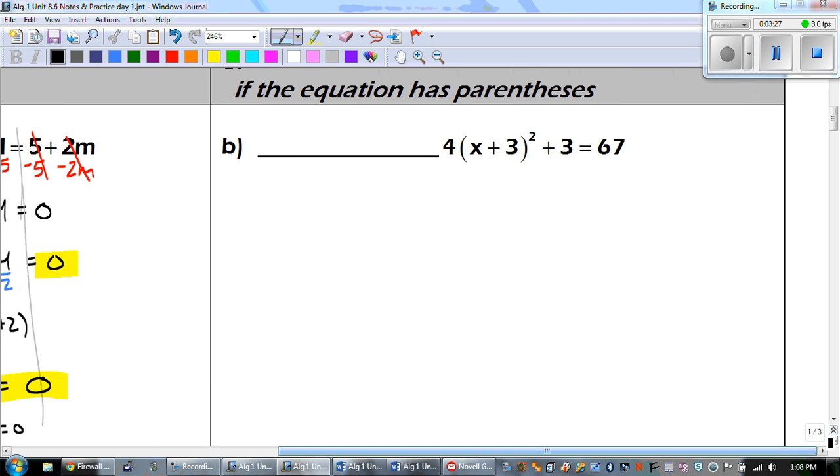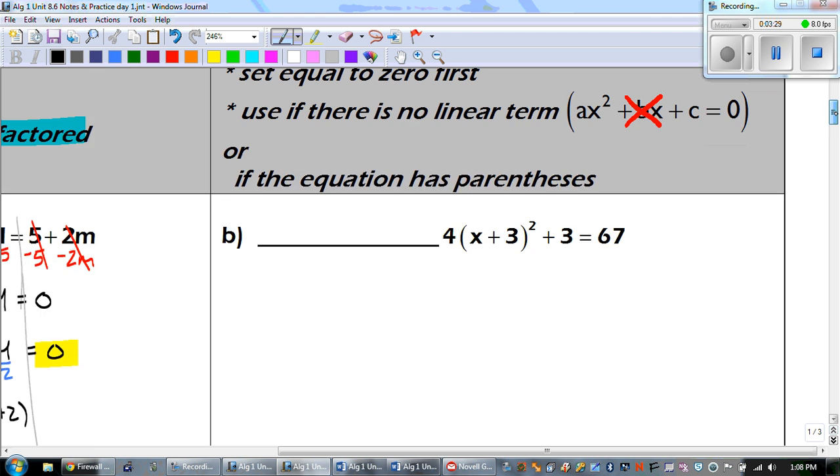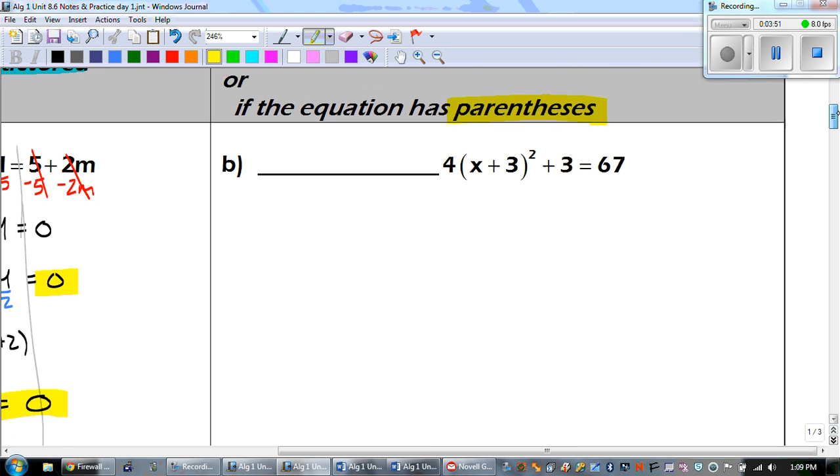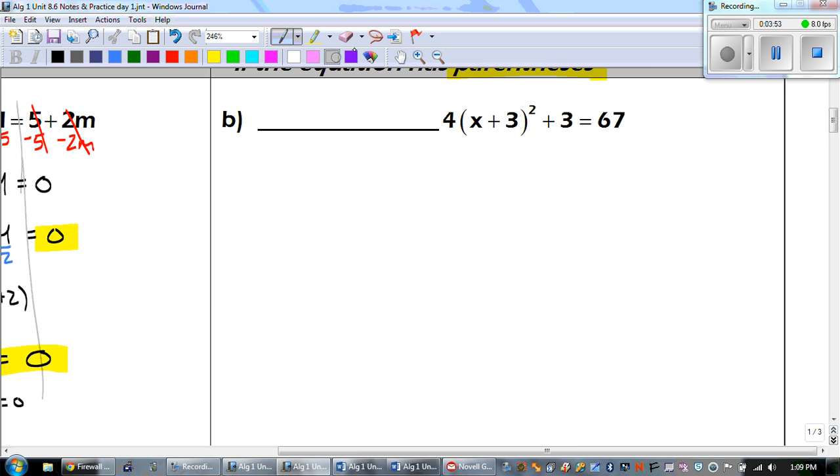All right, now when do we use inverse operations or SADMAP? We have to make sure it's set equal to 0 first. If there's no linear term, that's when it's crossed out, or if it has parentheses. Since this one has parentheses, we can just follow inverse operations.